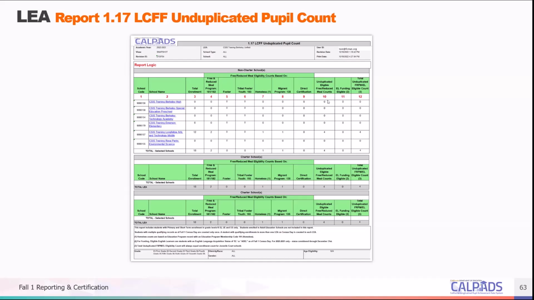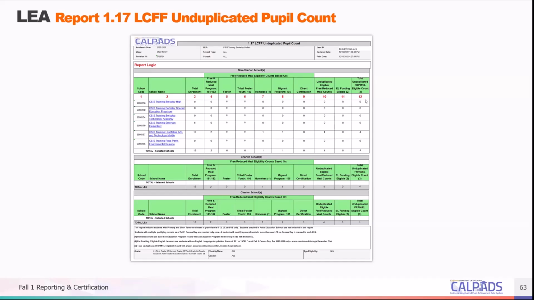Those students in 10 and 11 will be counted in 12, but 12 is unduplicated. So if you have a student who's an English learner and has also been directly certified, or a student who's an English learner and a migrant student, they're only counted once. So again, 12 is not an addition of 10 and 11, but if a student shows up in either 10 or 11, they will be counted in 12.